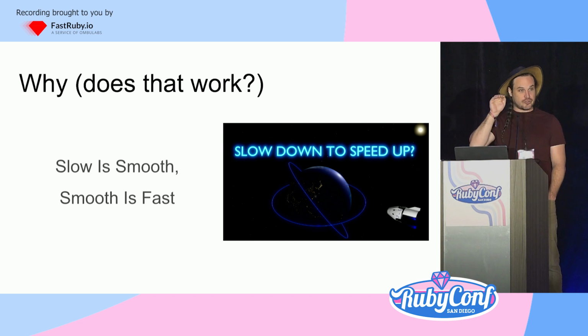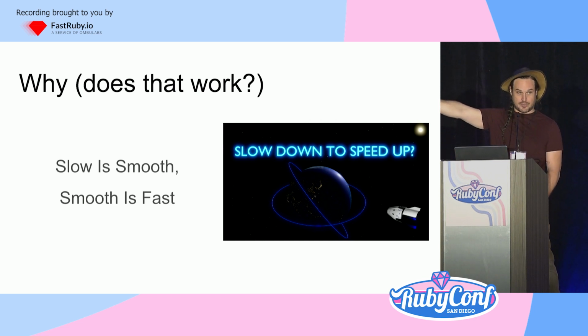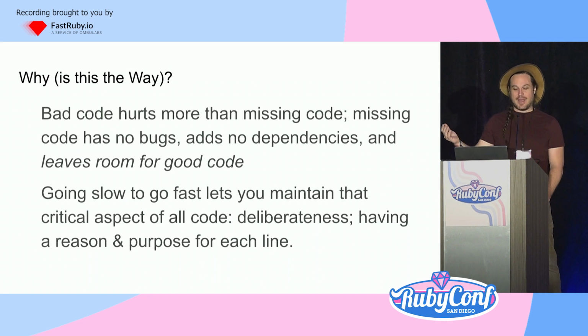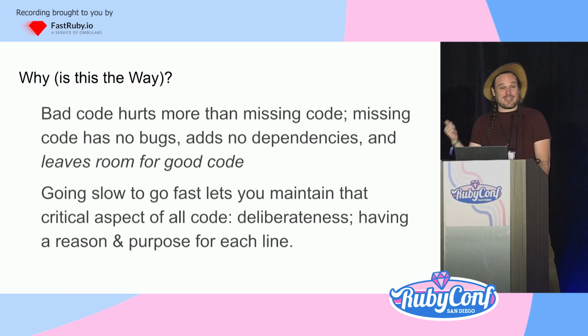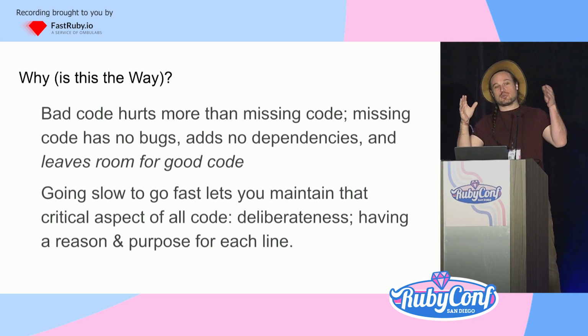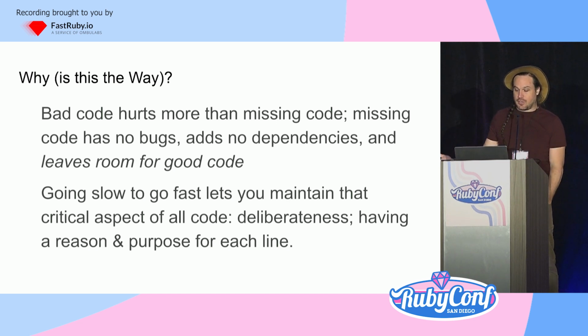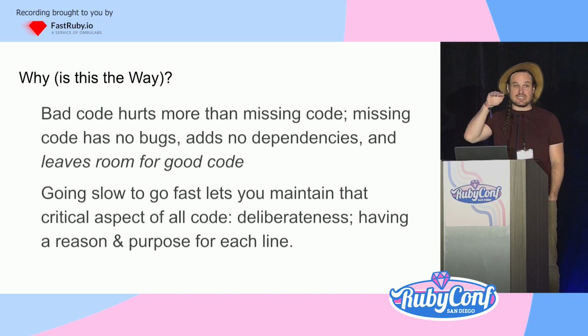So it's all about slow is smooth, smooth is fast. Or if you've played Kerbal and developed an intuitive grasp of orbital mechanics. So again, bad code hurts more than missing code because missing code has no bugs, adds no dependencies, and very importantly, leaves you the room to put in the good code later. Going slow to go fast lets you maintain the deliberateness.